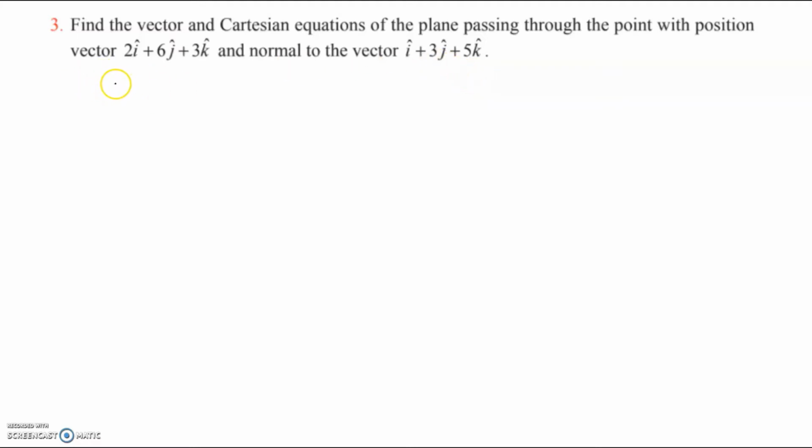So given to us is vector A equal to 2 i cap plus 6 j cap plus 3 k cap, and we are also given n, which is the normal to the plane, as i cap plus 3 j cap plus 5 k cap.